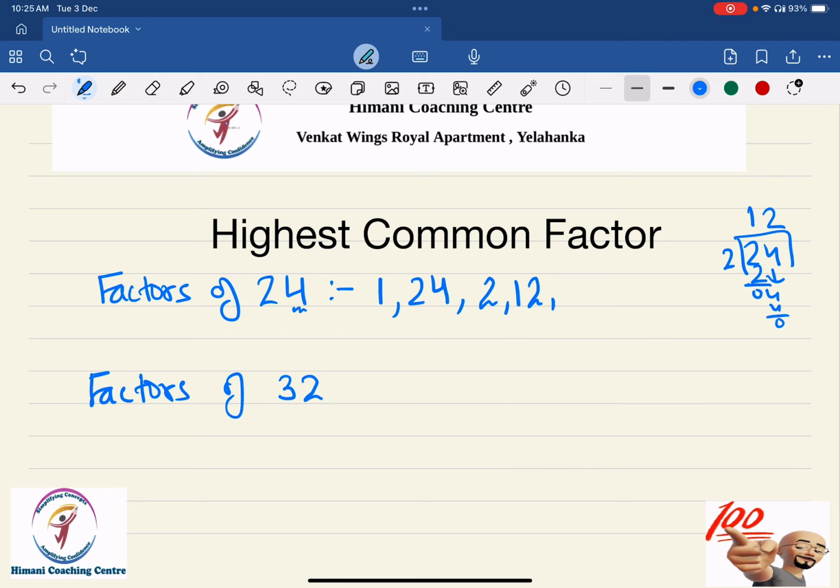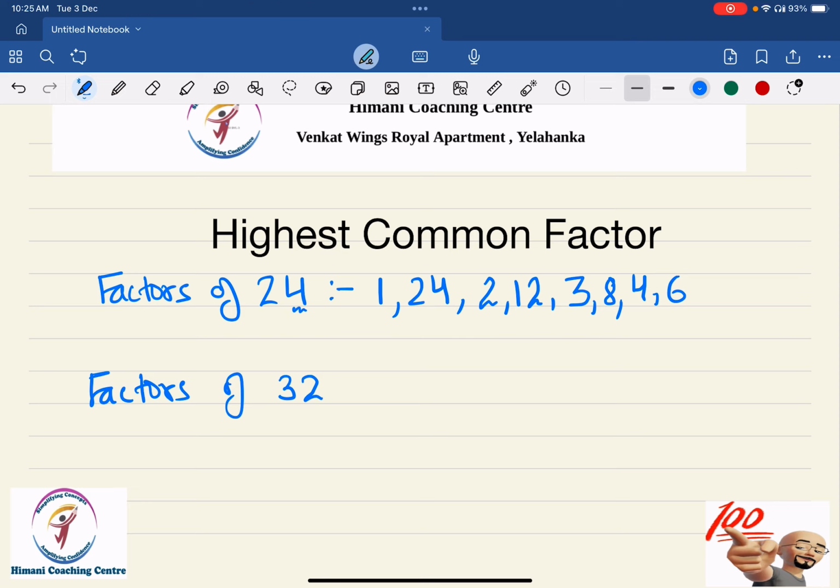Now let us look at 24 in the table of 3. You will find 3 8s are 24. Now we go to the table of 4. In the table of 4, 4 6s are 24. So 4 and 6.